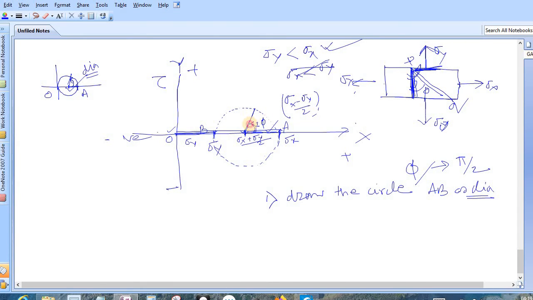We have rotated it anti-clockwise. So let's say this is the point D, and the normal stress corresponding to this point will represent the normal stress here, and the shear stress corresponding to this point will represent shear stress here. So find the values of this shear stress and normal stress by this graphical method.